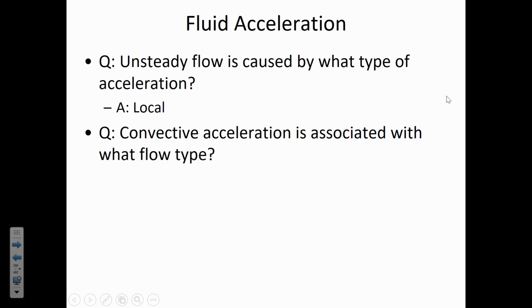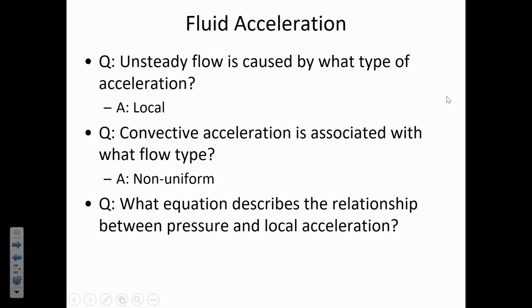Convective acceleration causes what flow type? Steady? Non-uniform, right. So when we have convective acceleration, that's the acceleration where velocity is changing with respect to position. And so that is the definition of non-uniform flow.